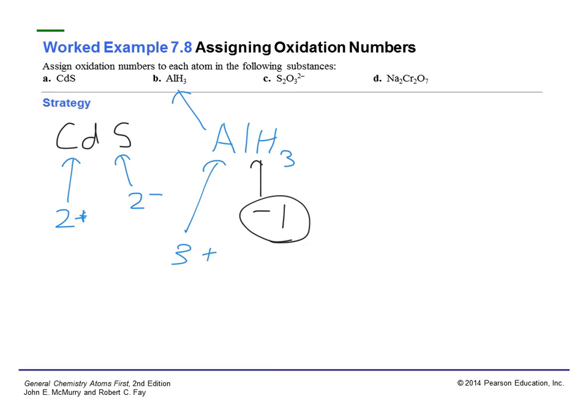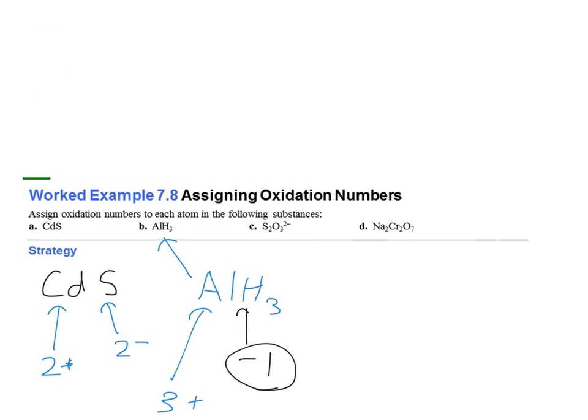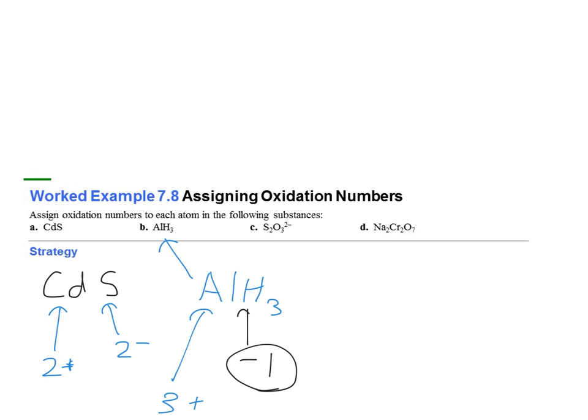Here's something that provides us with a little bit of a challenge. Thiosulfate. First of all, it's a polyatomic ion, so instead of being 0, the sum of our oxidation numbers has to be 2 negative. We have 3 oxygens, and each of them has a 2 negative charge by rule.